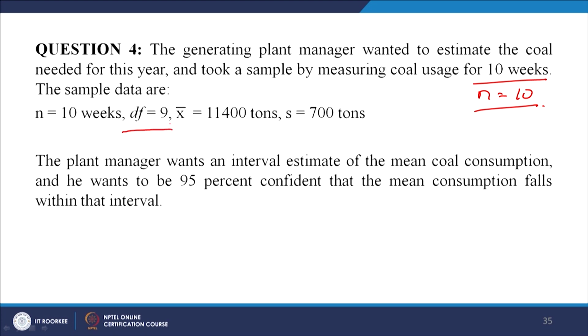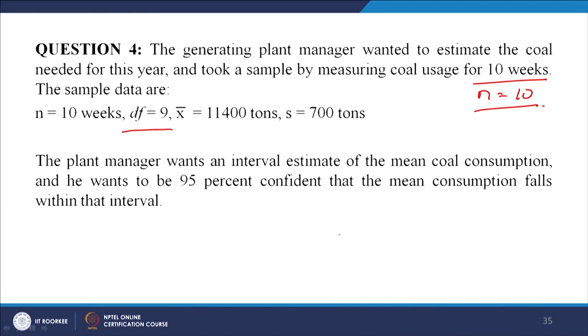Now, what is this word degree of freedom? Why is it important? Degree of freedom helps us understand the number of free parameters available. To understand it with a real life example, let us say I tell you that the average weight of 10 people is 500 kg.